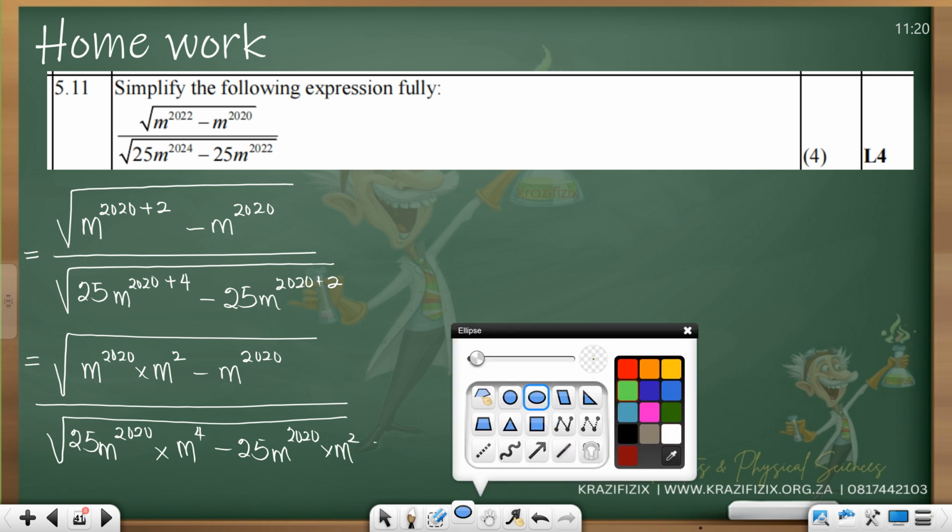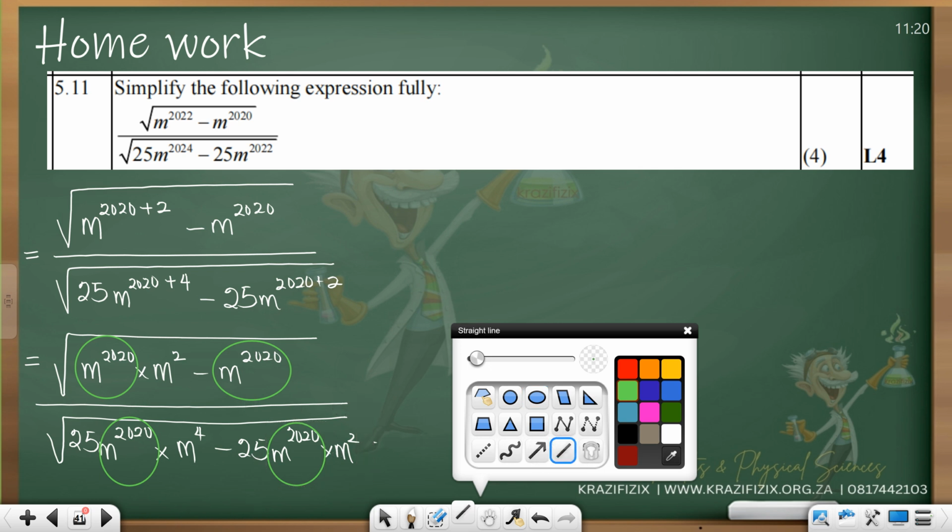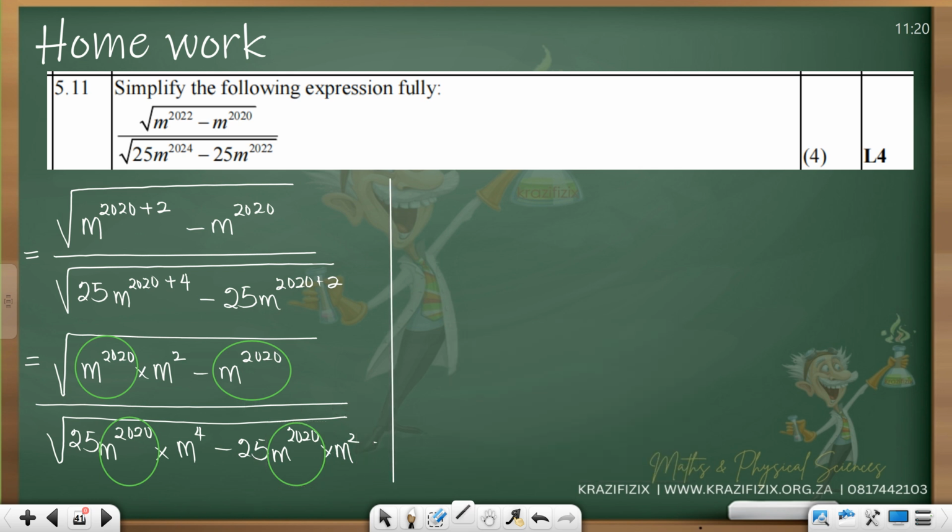If you check, we have actually taken this as something that is common on all the 4 terms. Do you notice? So it's easy now to factorize that out. But don't remove the root yet. We will see what will happen with the root. m^2020.